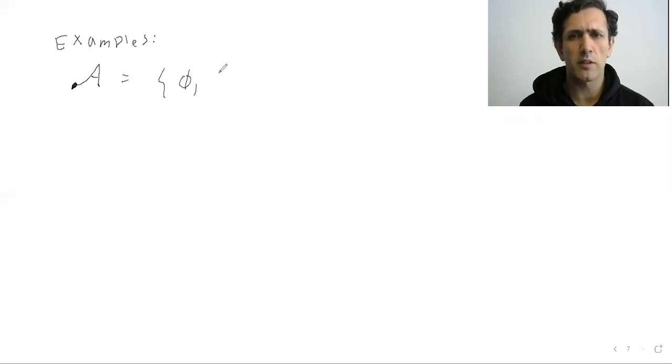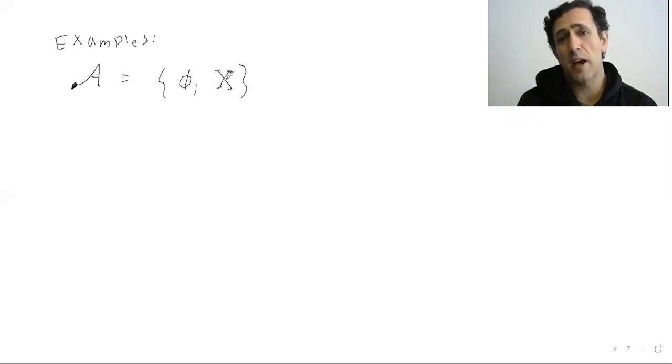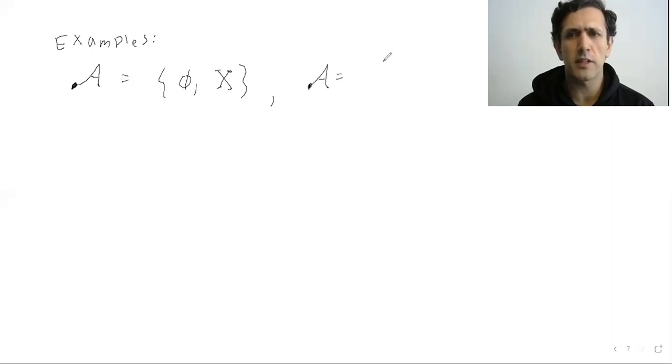First, let's take the silly collection of subsets of X: just the empty set and big X itself. There are only two elements in this collection, but nevertheless, this is an example. And the other example is just the power set, the collection of all subsets of X.